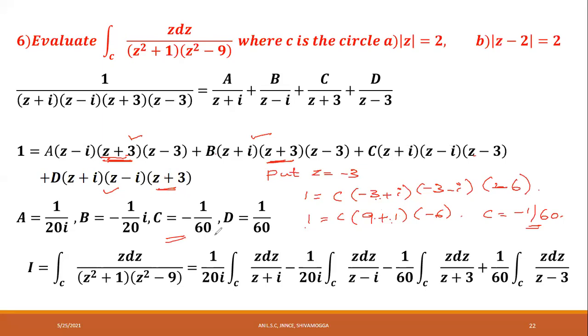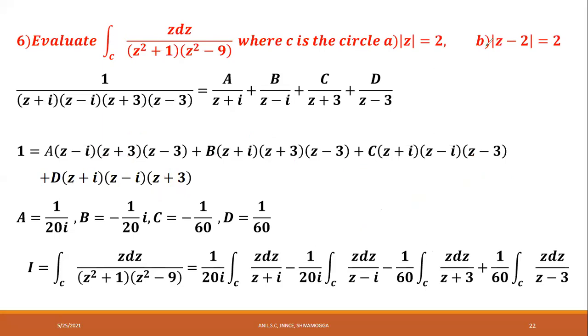Next, D is to be determined. For what value of z do A, B, and C vanish and D exists? Find the common factor: z minus 3. Put z equal to 3.